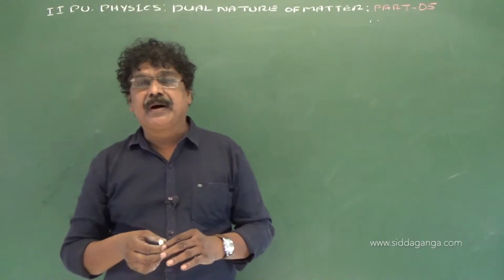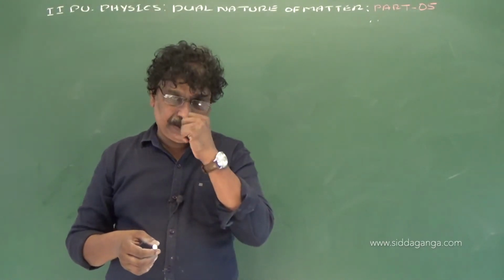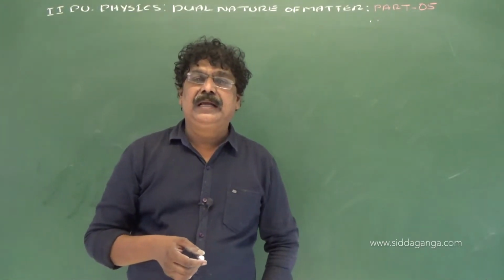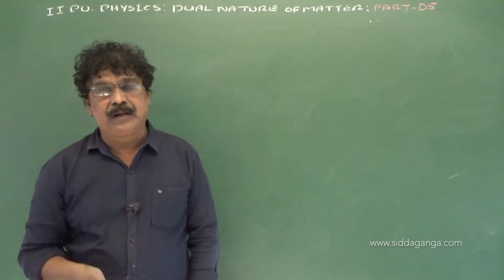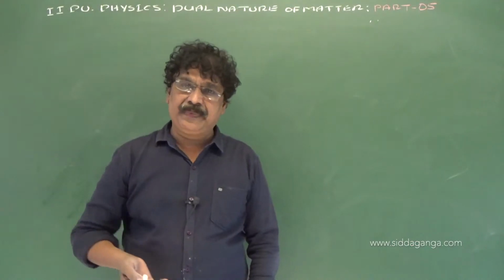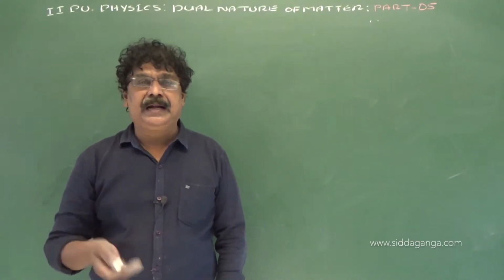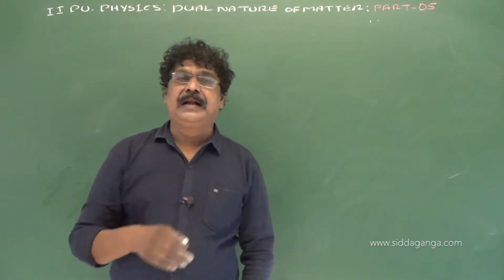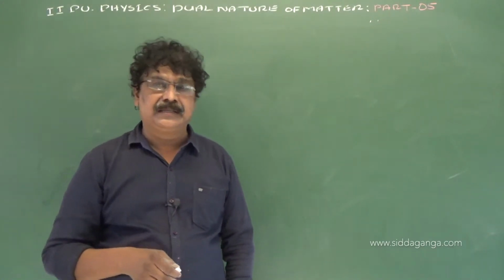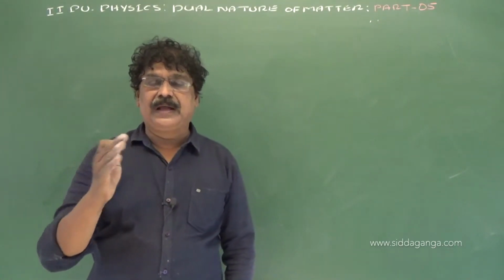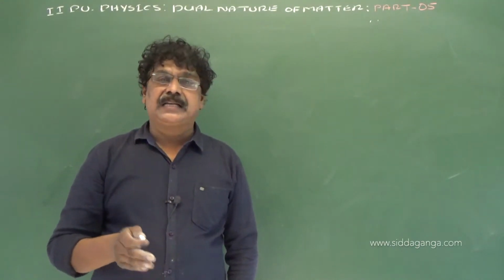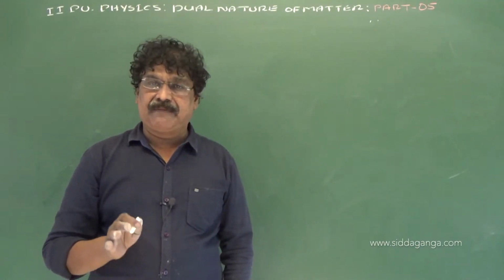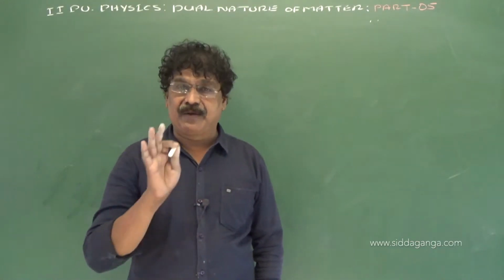Here the important thing is electron emission. Usually there will be a 1 mark or 2 mark question on electron emission and types of electron emission. And as far as board examination is concerned, the laws of photoelectric effect and Einstein's explanation for photoelectric effect are asked for 5 marks.